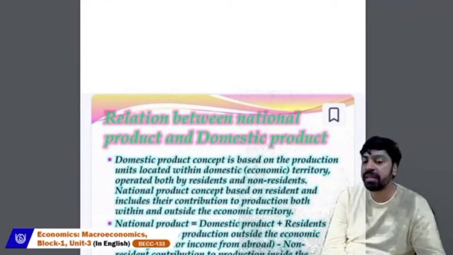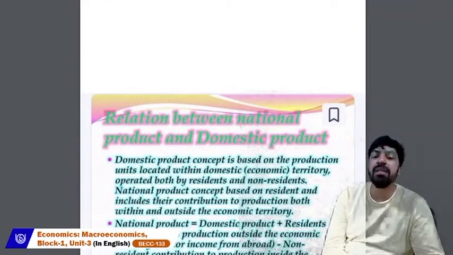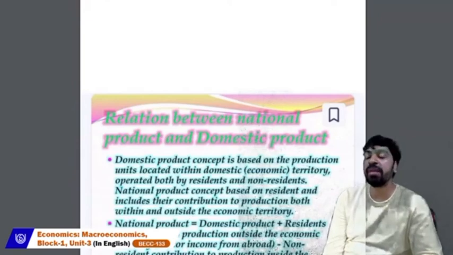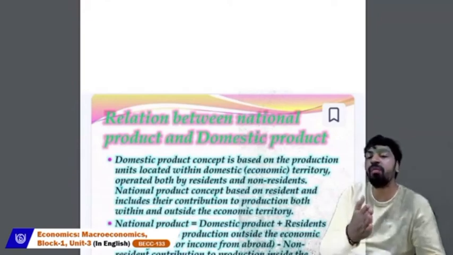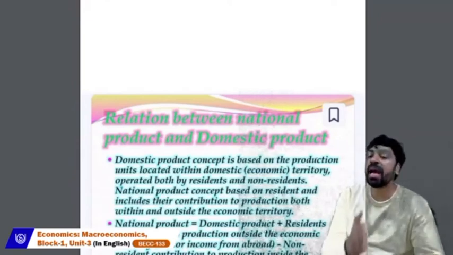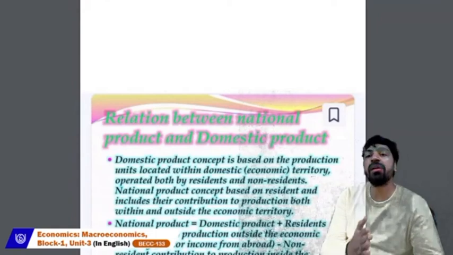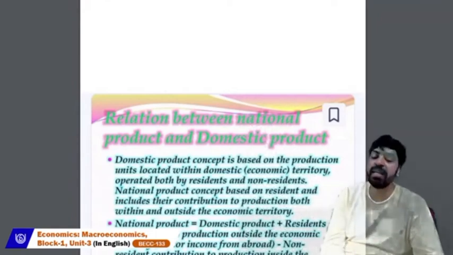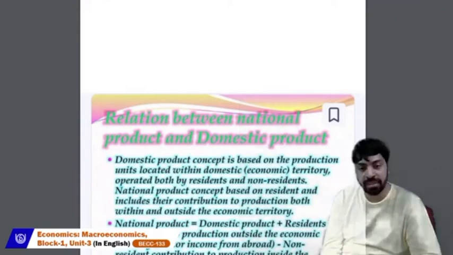But the national product concept is based on residents, who earn within the country and outside the country. Domestic product covers whatever is earned within the domestic territory, whether by residents or non-residents, so it deals with one country only. National product deals with two countries.